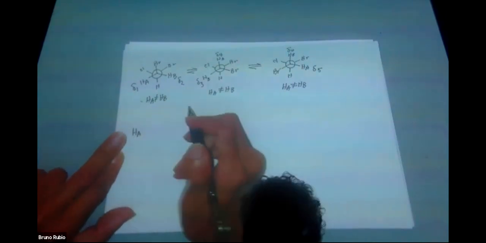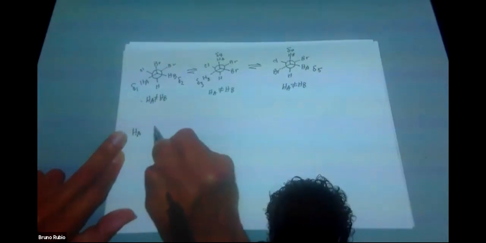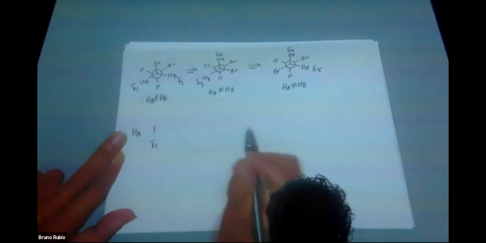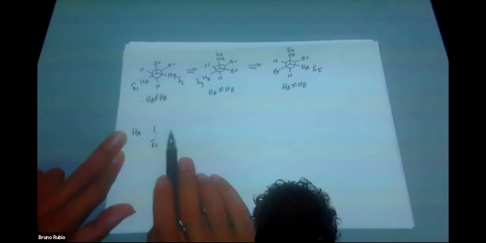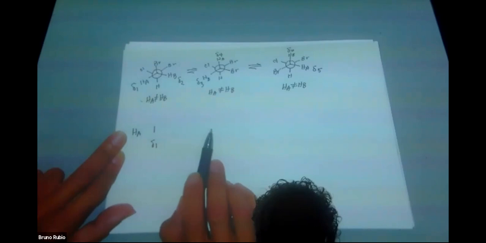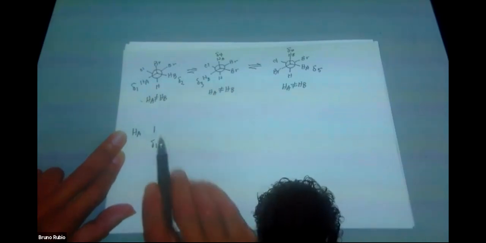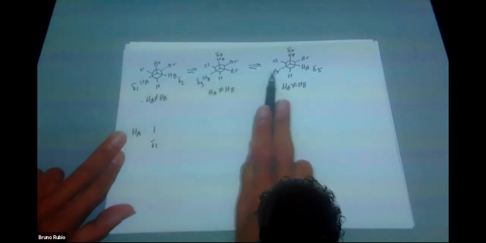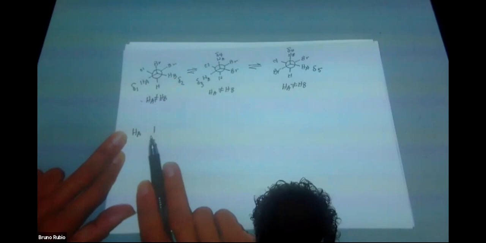HA, sometimes he's delta 1. Is he ever delta 2? No, he's never delta 2. Is HA ever delta 3? No, he's never delta 3. Is HA ever delta 4?